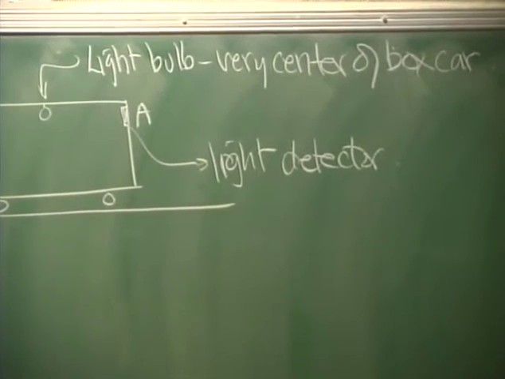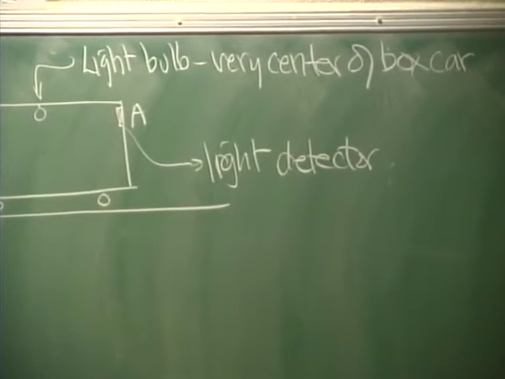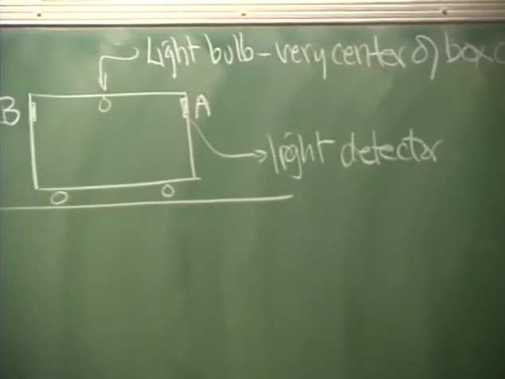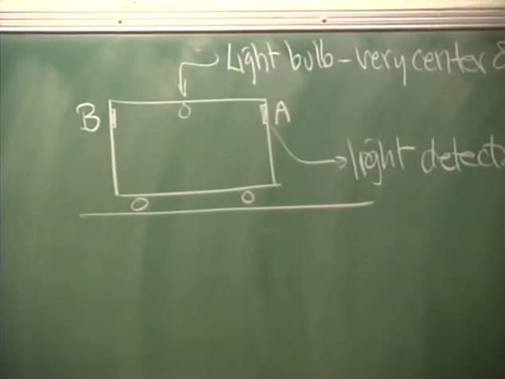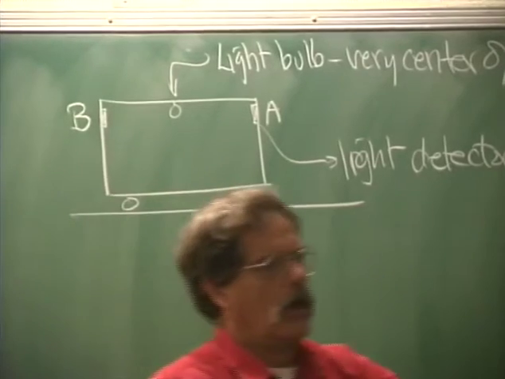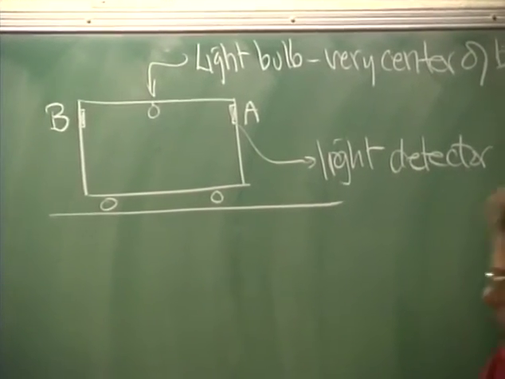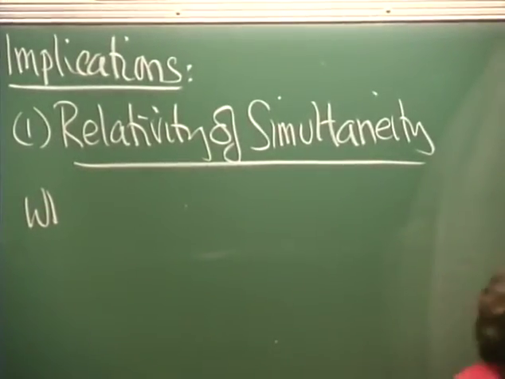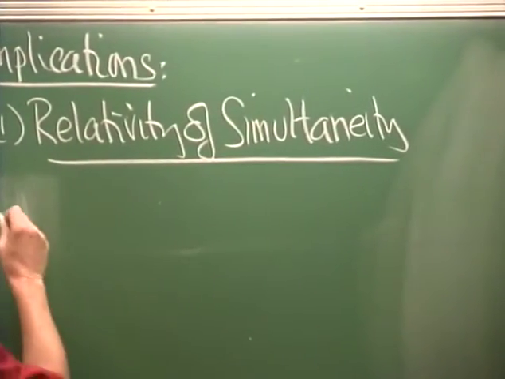Now, here's the idea. At a signal, I switch on the light. The light expands out in both directions, hits these 2 detectors. Question, which detector does it hit first? Let me define the 2 events here to be very precise about it.